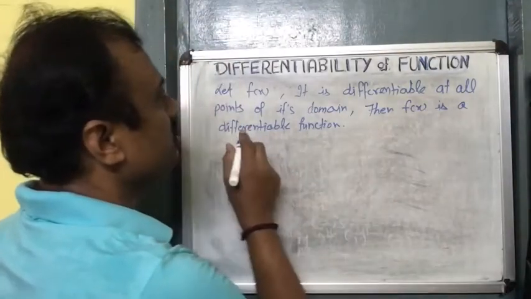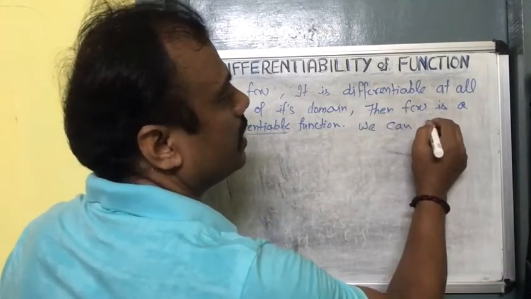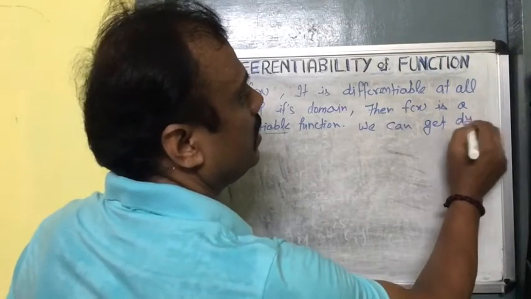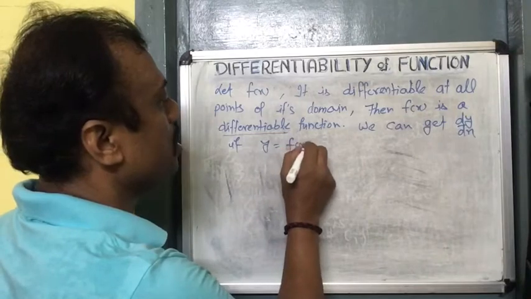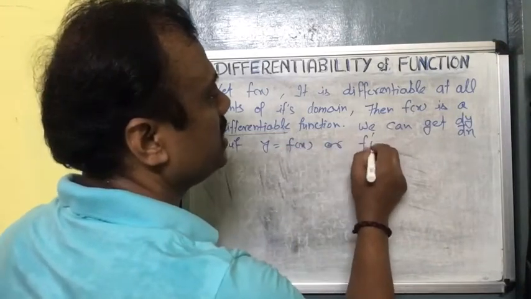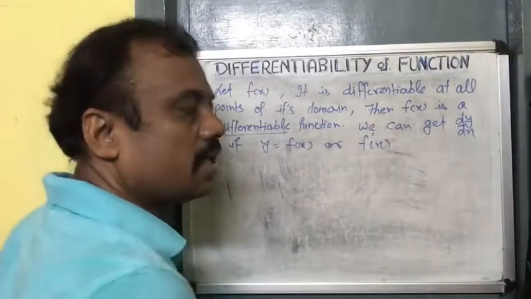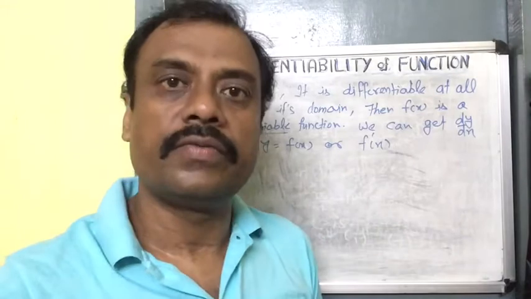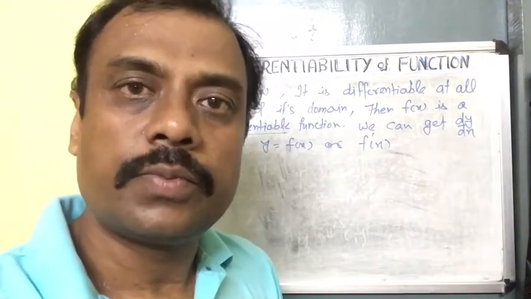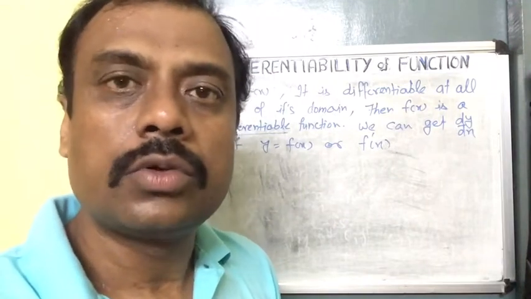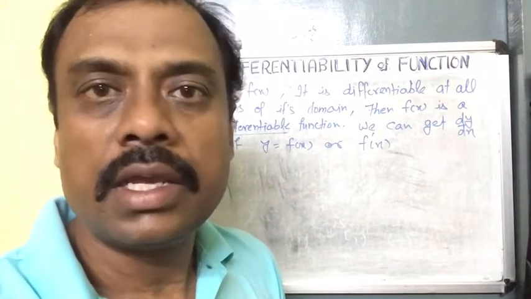So differentiable means we can get dy/dx if y equals f(x), or f'(x), meaning the derivative of f. All these are the same thing. A function is said to be differentiable if it is differentiable at all points of its domain. Now let us discuss what is the meaning of differentiability of a function at a given point.